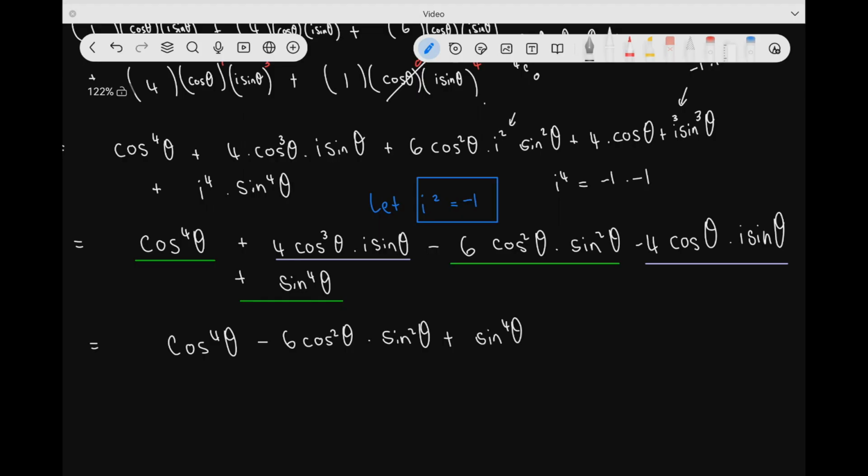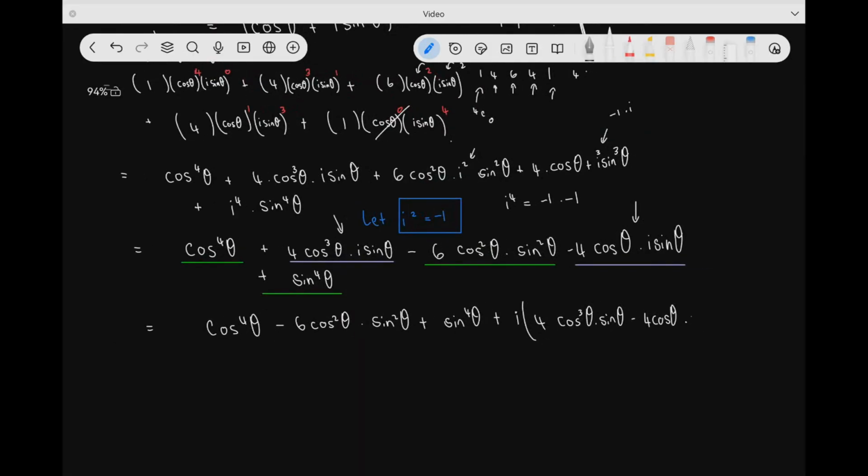And for this case, I'm going to say plus, and I'm going to factor out an i from both these imaginary parts. Okay, I'm going to factor out the i. So I will then be left with 4 cosine cubed theta times sine theta minus 4 cosine theta times sine theta.